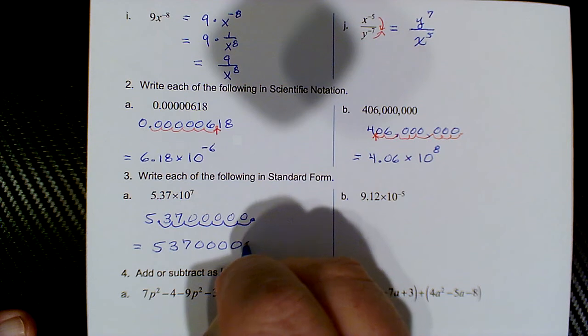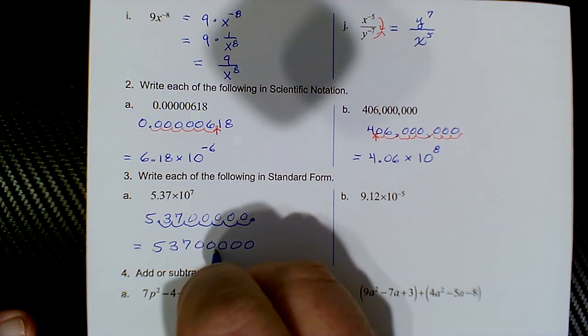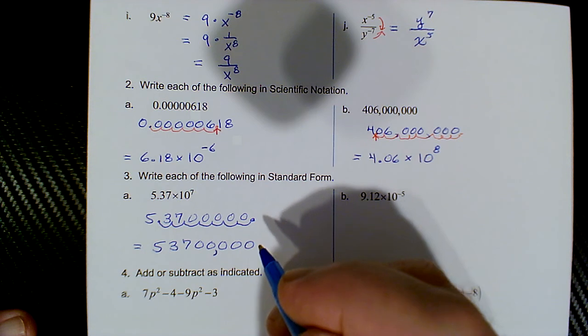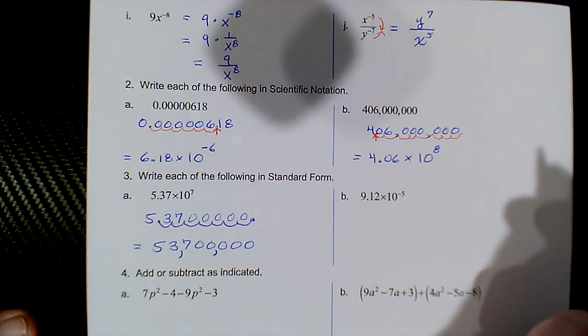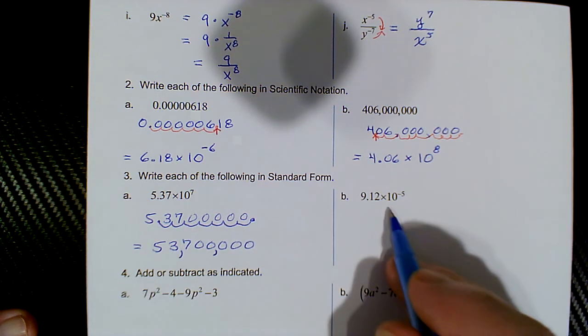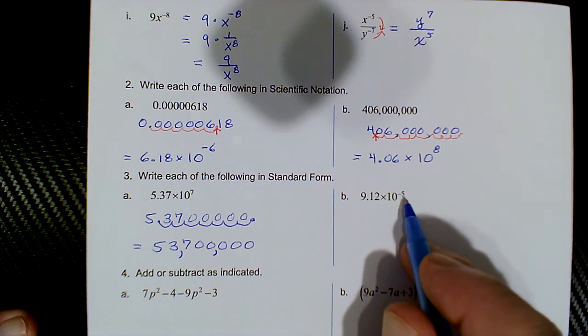And then if you like, every 3 digits from the right is a period, where you could separate the numbers by commas. So 53,700,000. And then when you look at this example, you know immediately, because of the negative exponent, that the number is going to be less than 1.